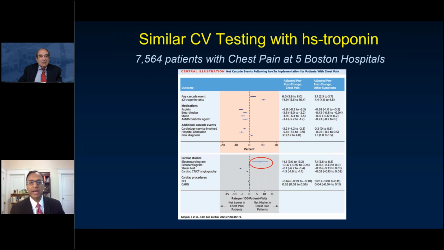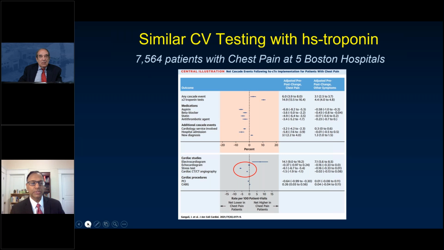Now this is also not unexpected, because whenever you recheck troponin, it is often good clinical practice to go ahead and repeat an ECG to see if there's evolution of changes. So more troponins and more ECG is not a surprise. But stress testing was reduced. Cardiac CT and CT angiography was also reduced.